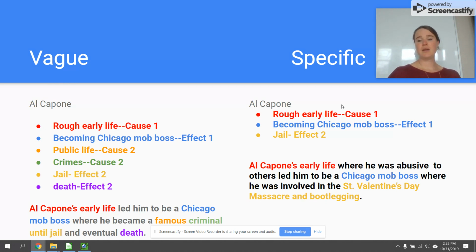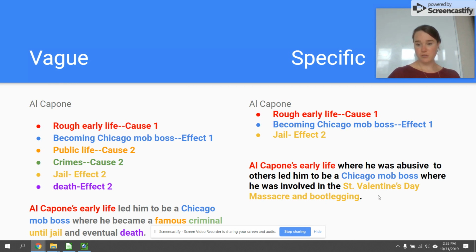So maybe you talk about, if all you have is rough early life, becoming a Chicago mob boss, and jail, then you can talk about Al Capone's early life where he was abusive to others. So I'm more specific on his early life, which led him to become a Chicago mob boss where he was involved in the St. Valentine's Day massacre and bootlegging.